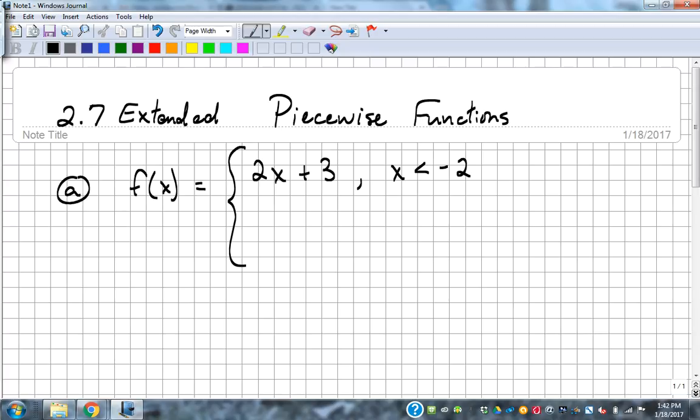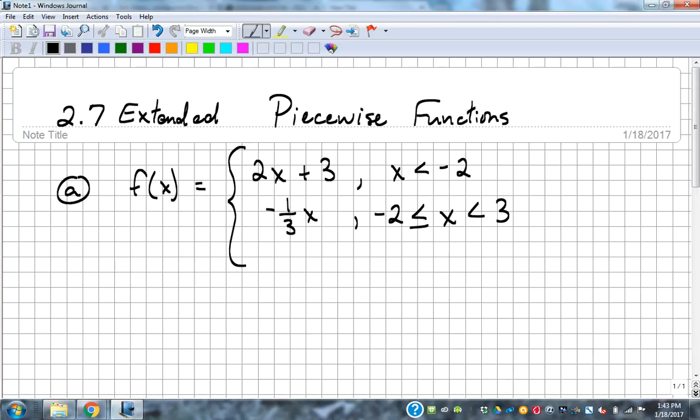Okay. So that's piece number 1. Piece number 2, negative 1/3 x, and then the comma, and then they're going to tell you where it looks like negative 1/3 x. It looks like that from negative 2 less than or equal to x less than 3. That may be the most complicated part, because it's got a kind of a tougher looking inequality there.